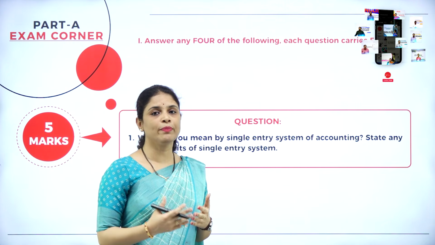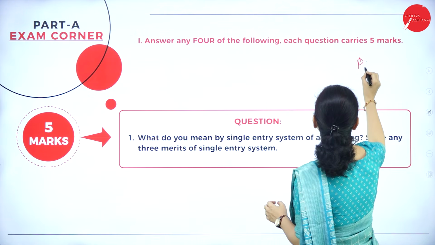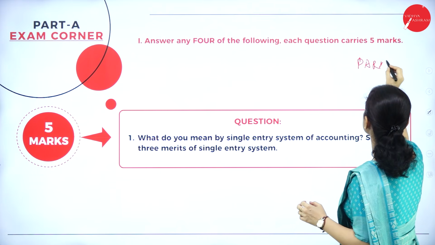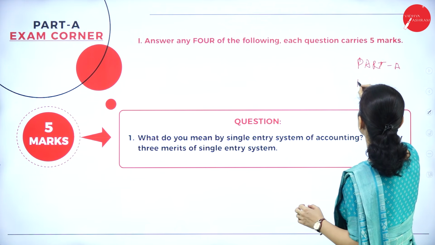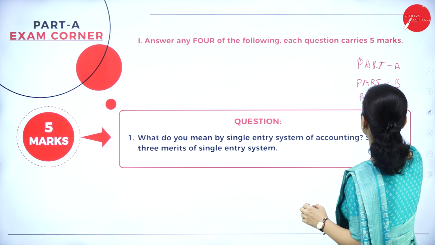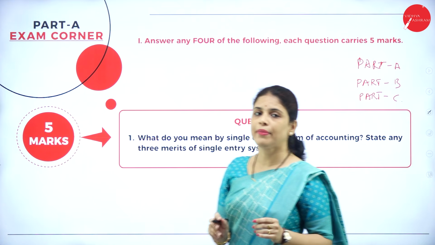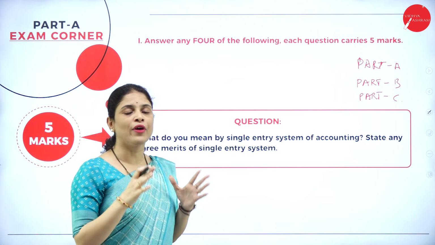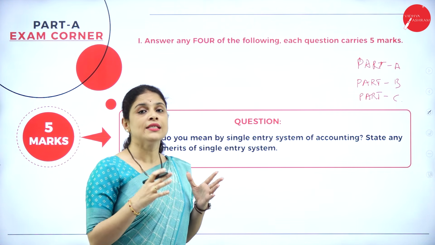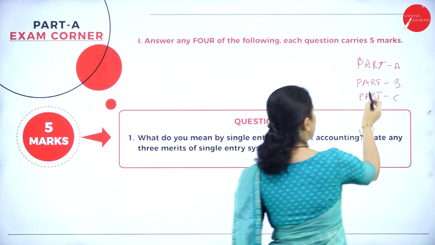Before starting the revision session, let us see the question paper pattern. In the question paper pattern, you will have part A, part B, and part C. In part A you have 5 marks questions. There will be 6 five-marks questions, out of which you have to attend 4.